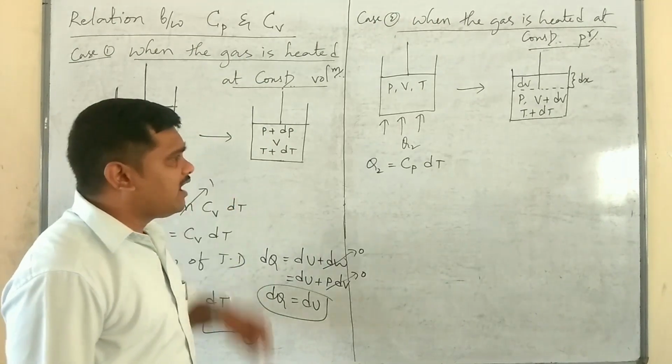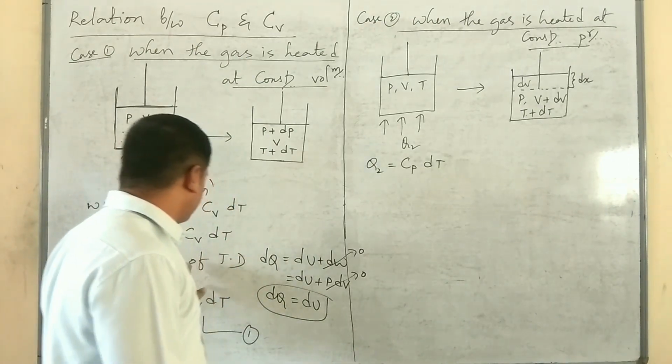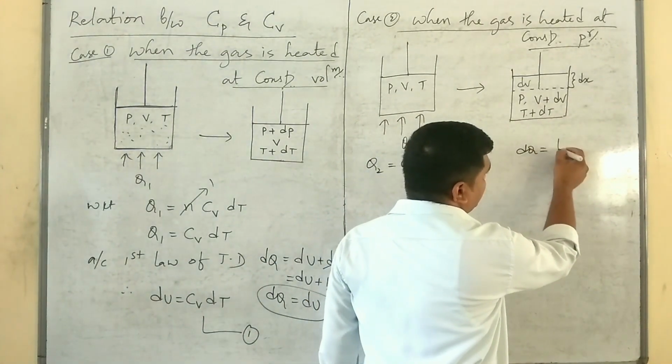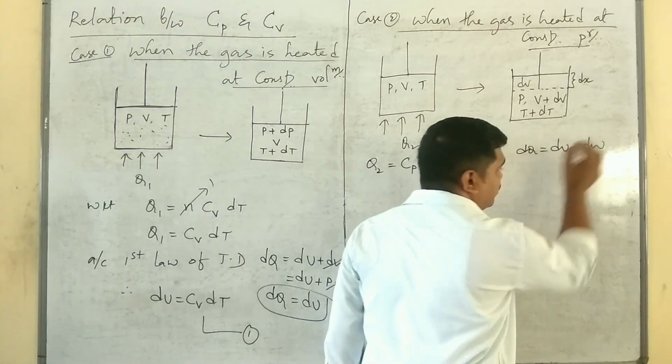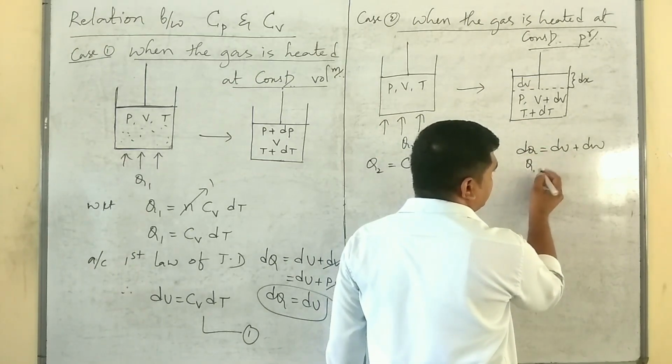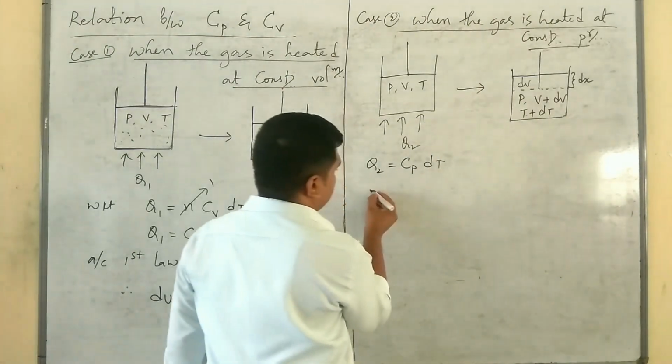Now here, according to the same first law of thermodynamics, dQ is equal to dU plus dW. Here dQ is Q2.